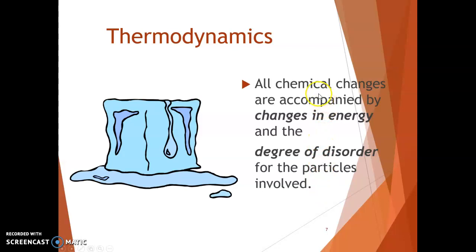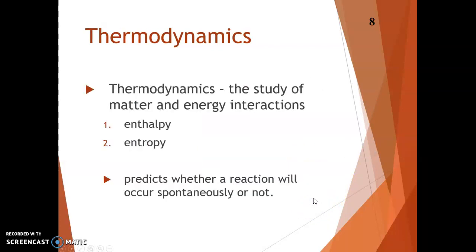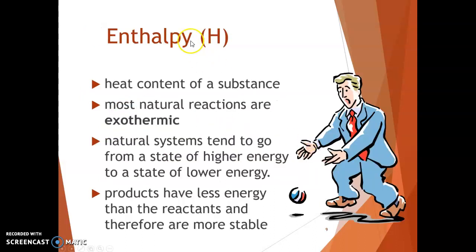Alright, so let's talk about changes in energy and changes in disorder of our particles here. So first we'll talk about enthalpy. The enthalpy is a measure of the heat content of a substance.